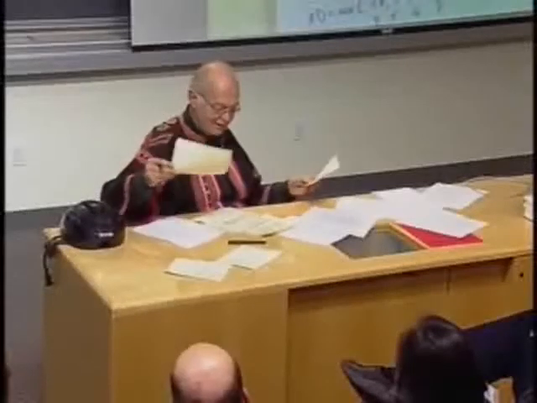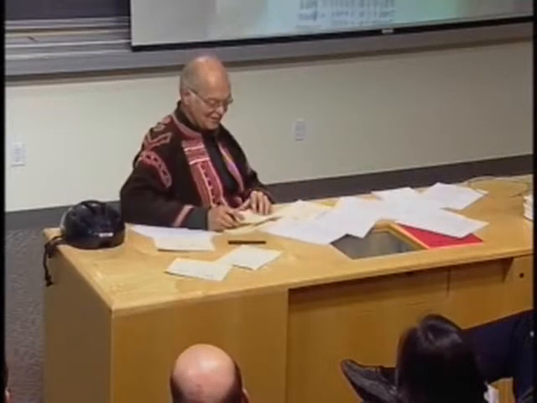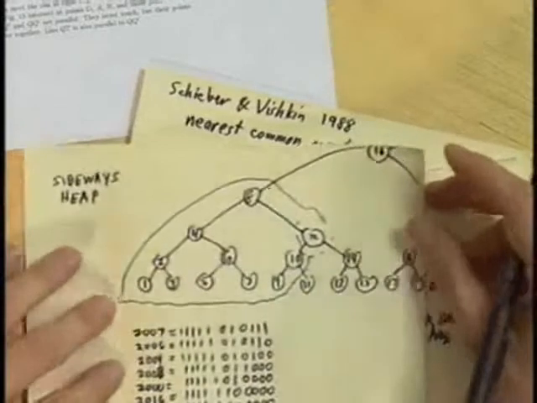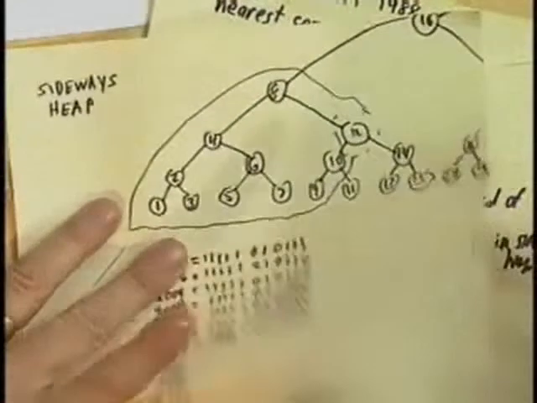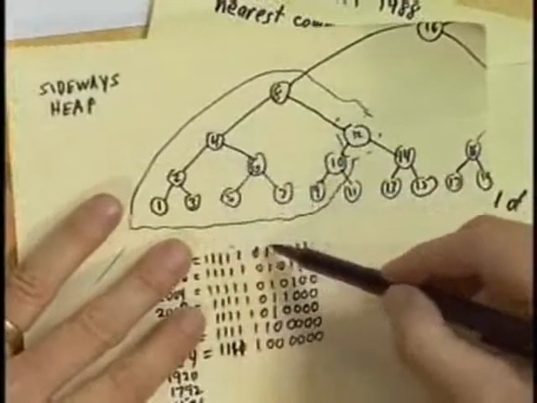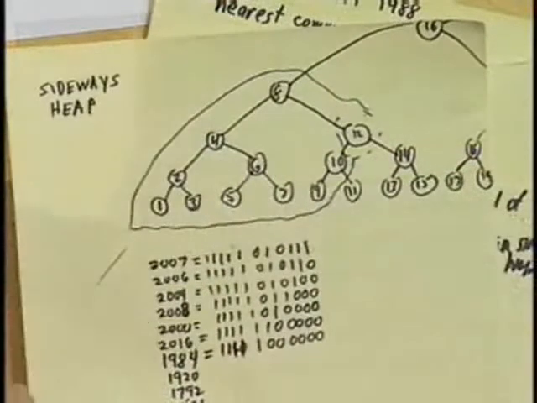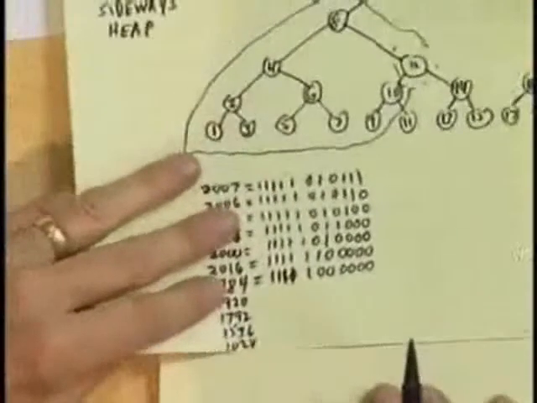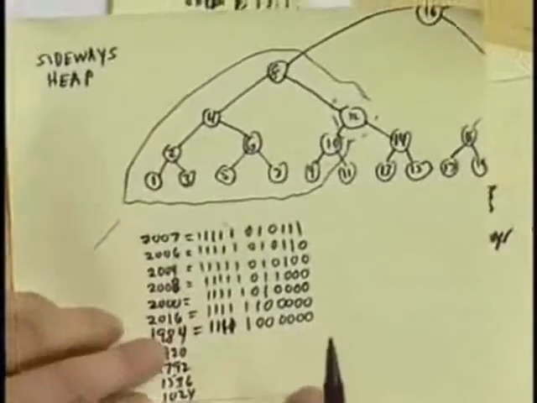In fact, I'm now wondering which sideways heap, because I lost my picture of it. But here it is. This is the sideways heap. And so the nearest common ancestor of 4, 5, 6, and 7 is 4. Right?